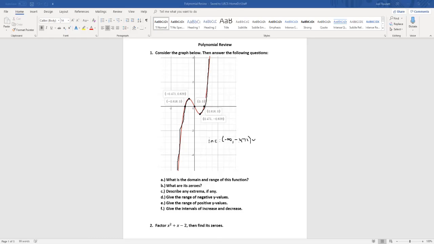And then the graph is increasing as x goes from positive 0.471 to infinity.